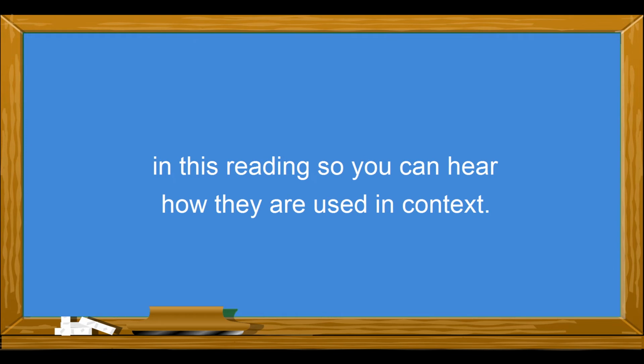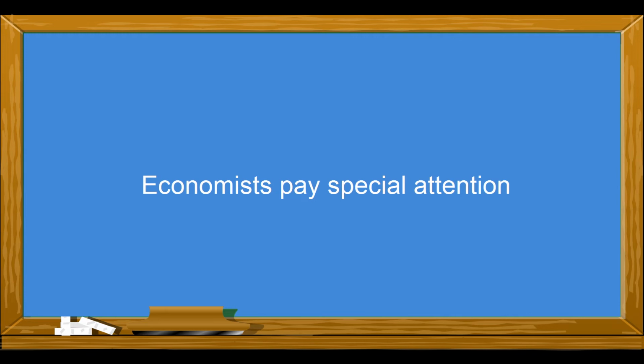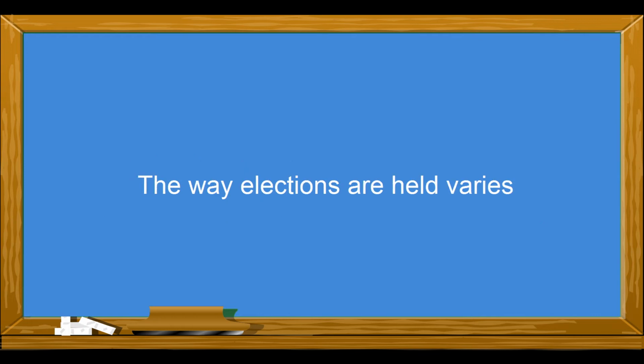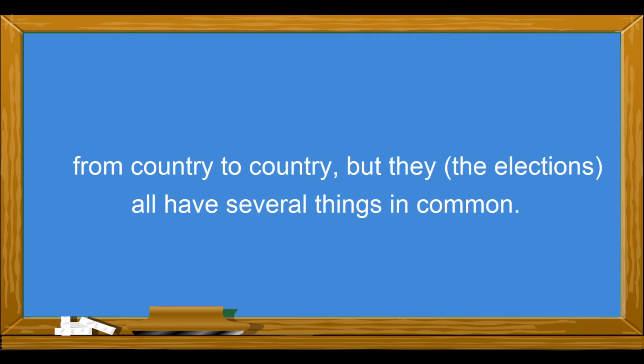in context. Economists pay special attention to elections since government policies have a very big impact on the economy. The way elections are held vary from country to country, but they all have several things in common.